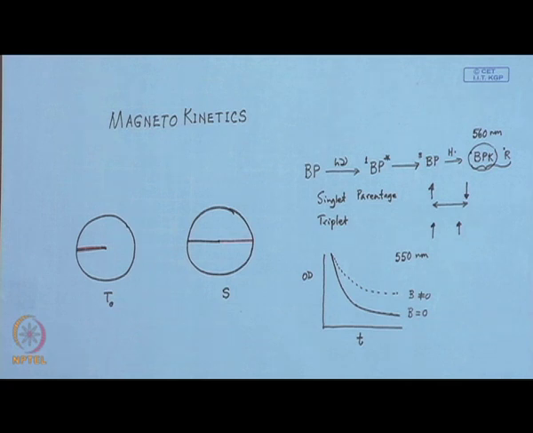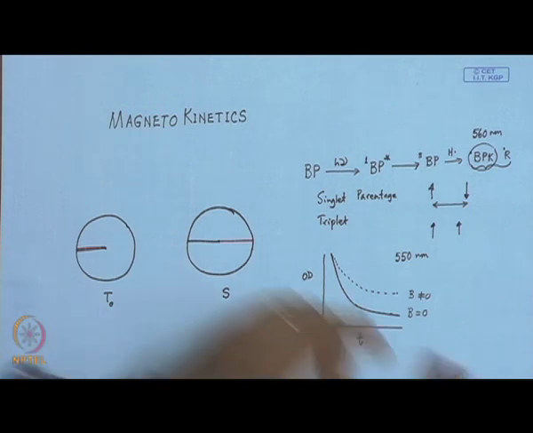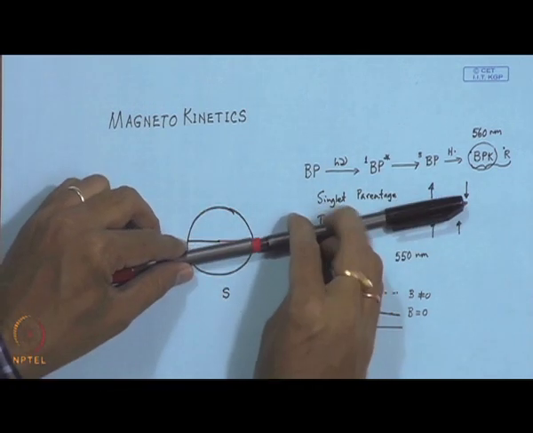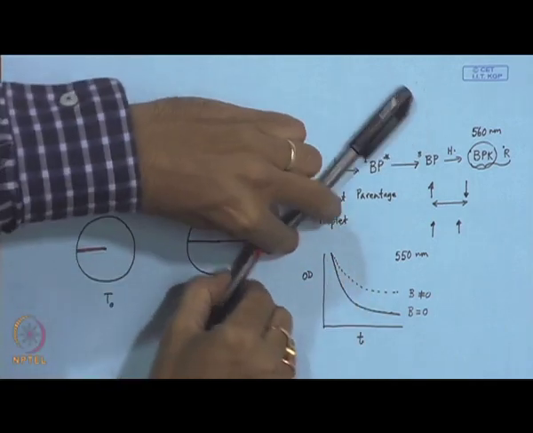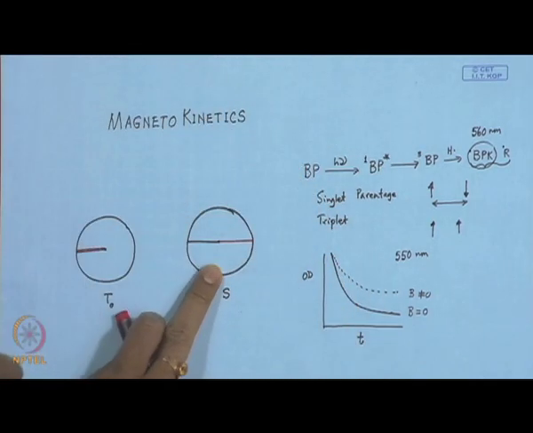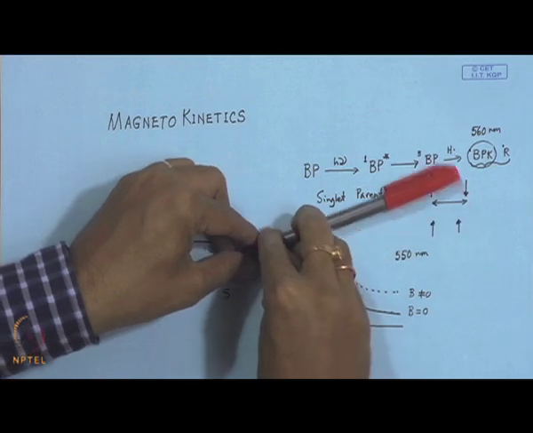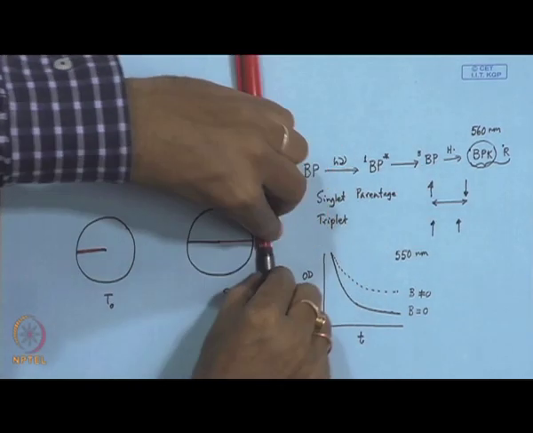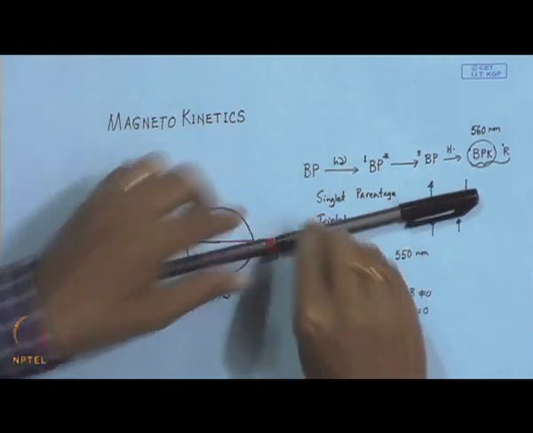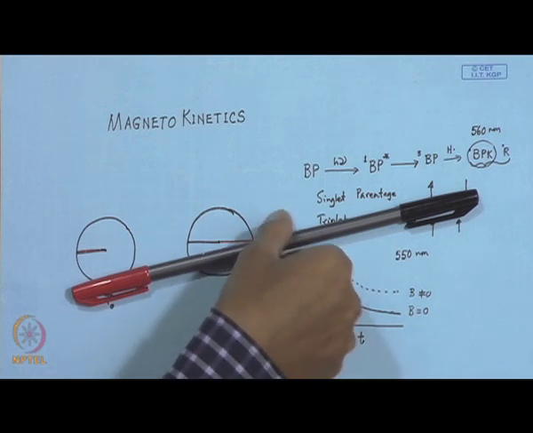If they maintain a constant phase difference, then what is going to happen is, for this one they will do like this, and for the other case they will do like this.